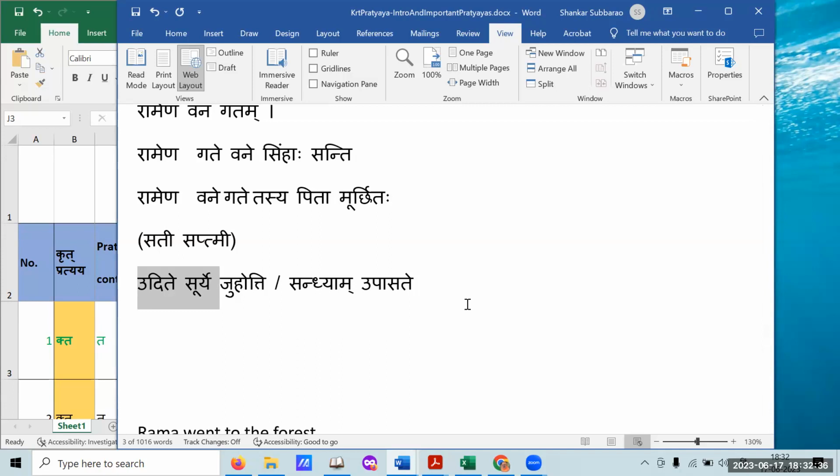So basically we have to make two clauses. One should be well known. Like sun rising is well known. You can't make the sentence, when I do Homa, then sun rises. That is not appropriate. What is well known should go in seventh case. Right?